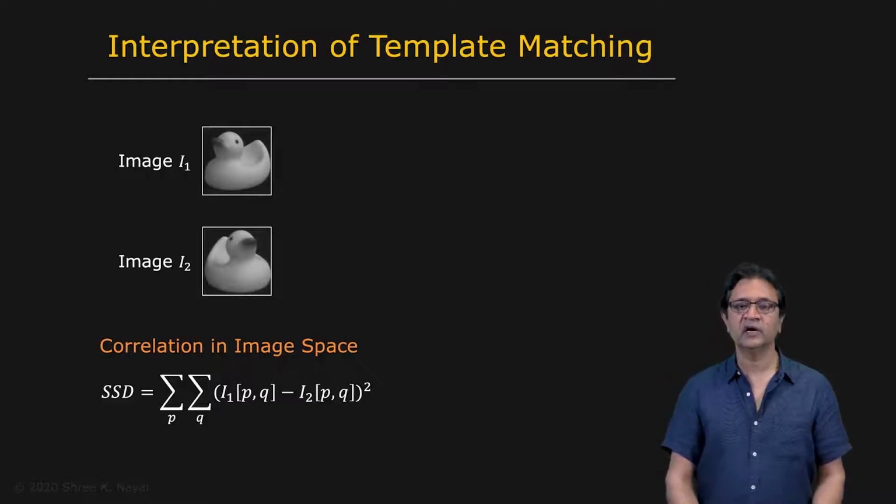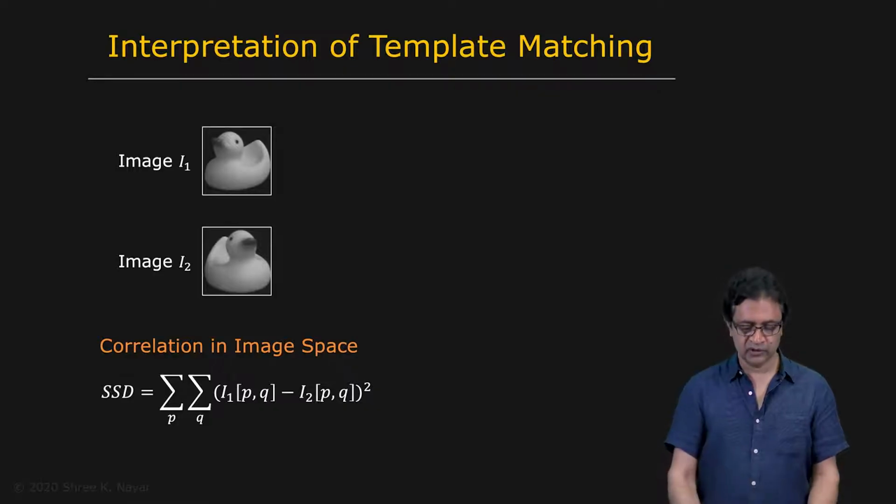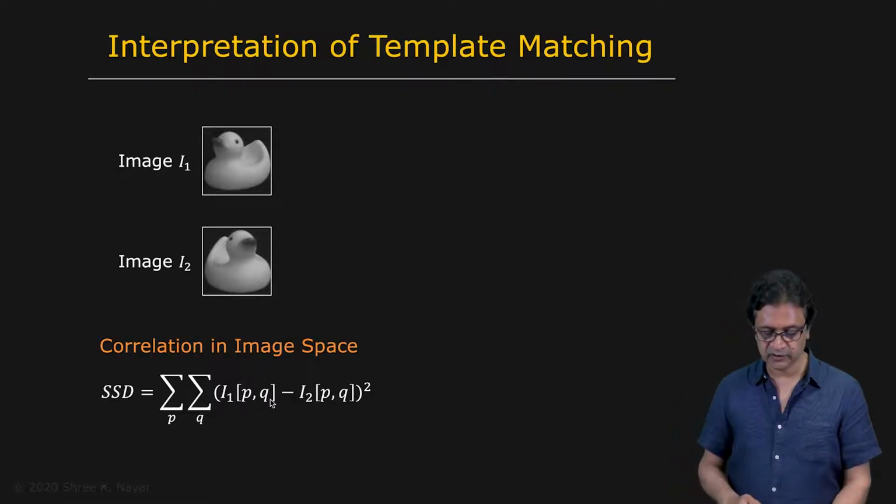And the way that you find the correlation between these two images is by finding the sum of squared difference between the brightnesses at the pixels of the images. So you have I1 minus I2 squared, the difference between the two squared, summed over all the pixels P and Q. P and Q are the indices for the pixels.